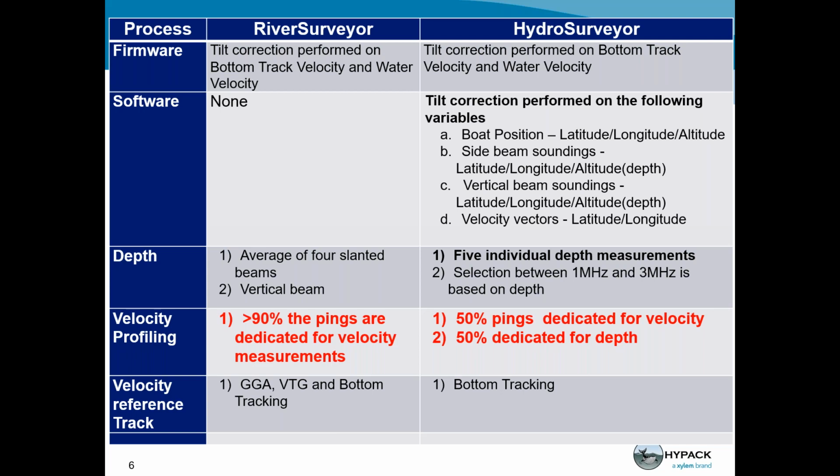I've listed most of the differences there, and I just want to highlight the ones in red. When we're measuring discharge using the River Surveyor Live software, most of our pings are being dedicated to velocity measurement. When we're in Hydro Surveyor mode, the hardware is dedicating more pings to depth measurement because obviously for bathymetric surveys, depth is more important.